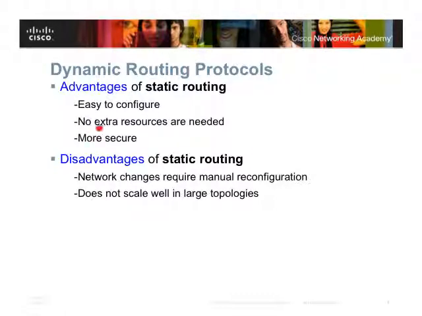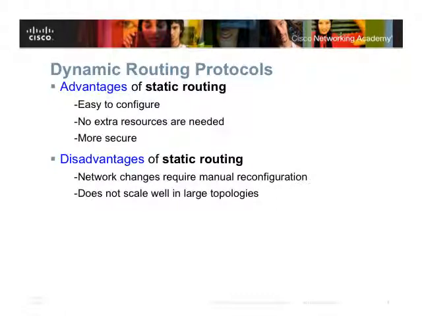So in that case, there are no extra resources needed. I don't need to receive messages and process these messages. So I don't have to exchange messages between the routers, right? Messages require some processing.